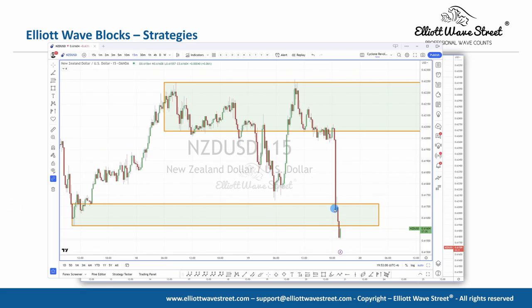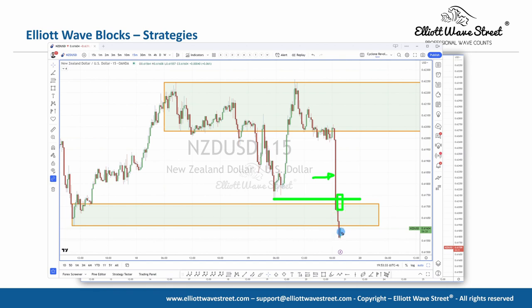Those are the trades that I don't like. Let's suppose that in an alternative universe it got rejected here and also got rejected here, so we have double validation. This would be a bad trade because of the speed of the price hitting the Elliott wave block. All right.